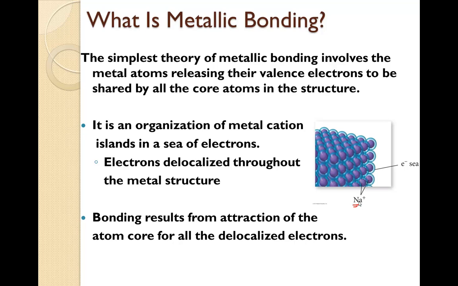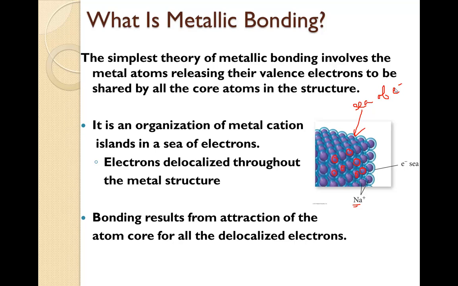The purple circles are representing the nuclei and the core electrons, while the blue, lightly shaded area is supposed to be the valence electrons. And what's happening is these cores and nuclei are sharing and blending together all the valence electrons. And this is what's creating kind of like a sea of electrons.